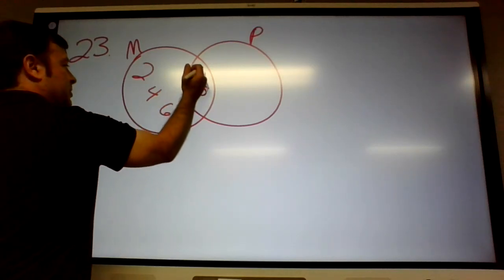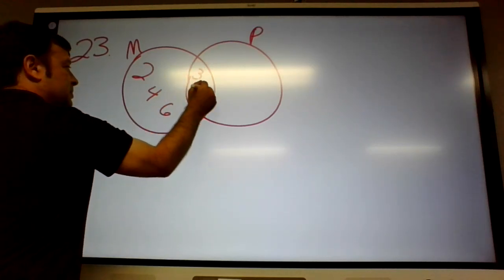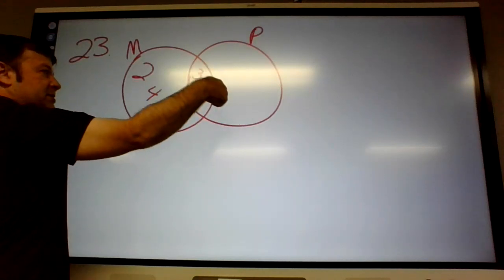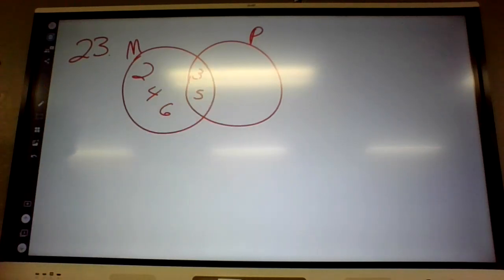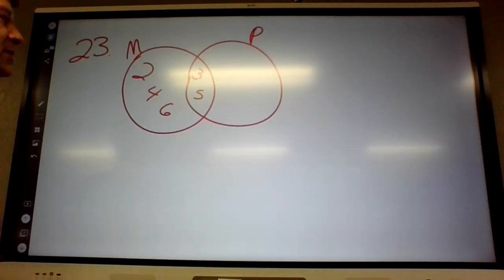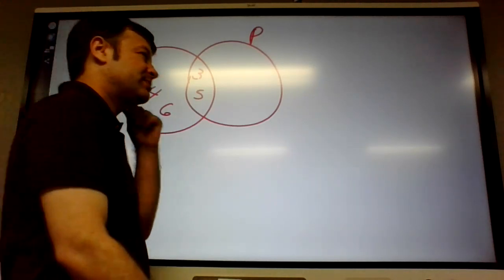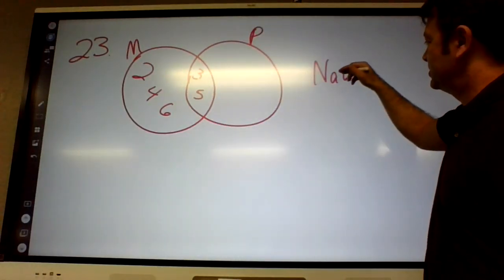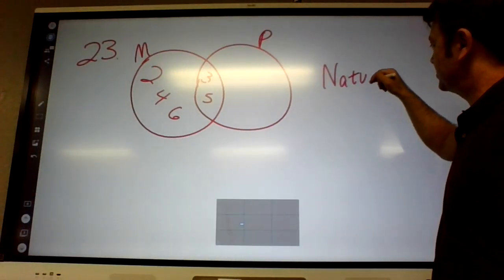I probably shouldn't put a comma. Okay, there's nothing else to put in P because it only has 3 and 5. Okay, what could be the universal set that we're drawing from here? Natural numbers. Yeah, I would put natural numbers. Natural numbers like 1, 2, 3, 4.